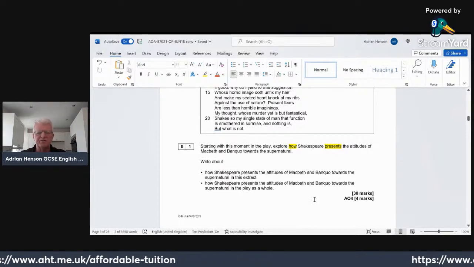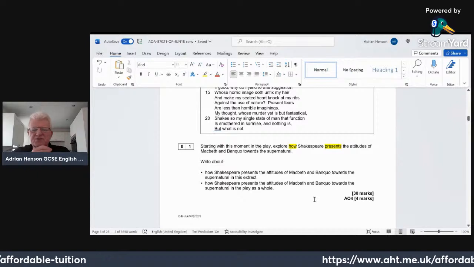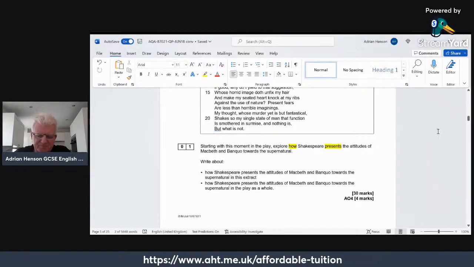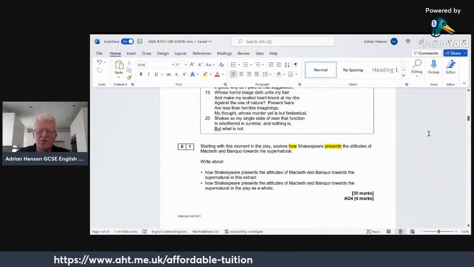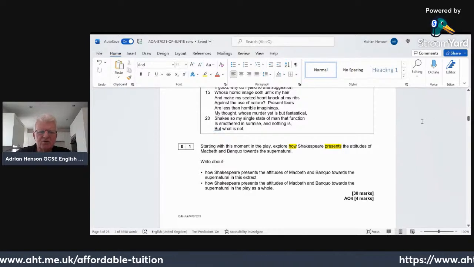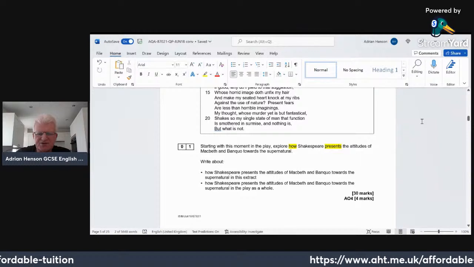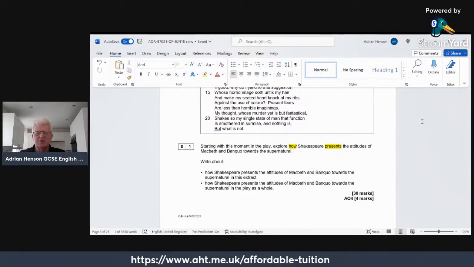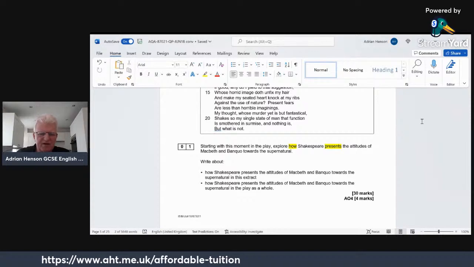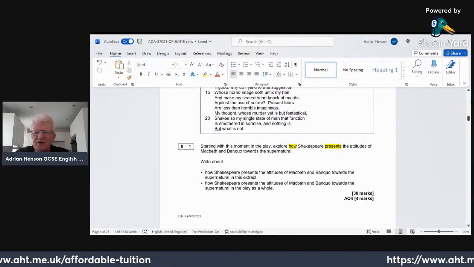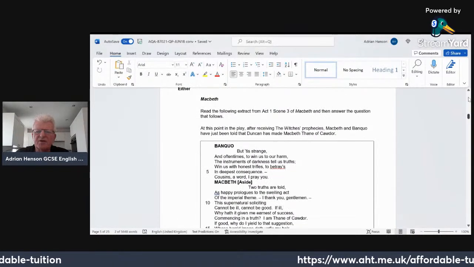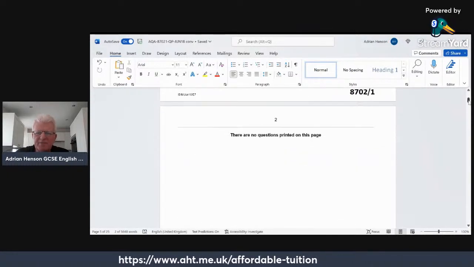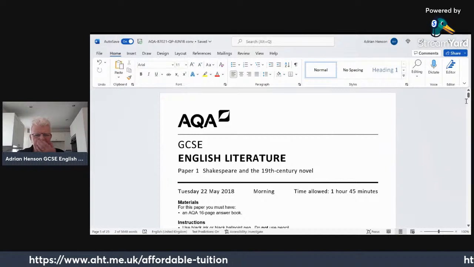In terms of time management, you are looking at possibly creating a total of 10 references for your whole question. So it's 5 for the extract and 5 from further on. Now, how long it takes: this whole paper is 1 hour 45 minutes, and it has a poetry section at the end.